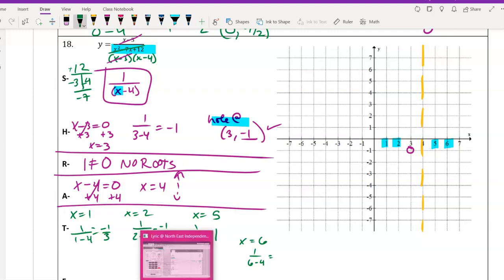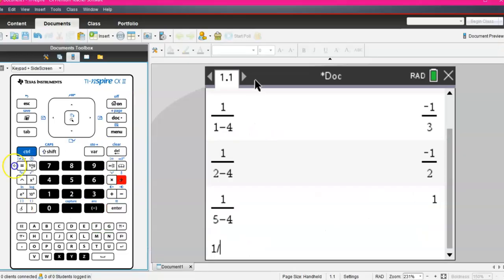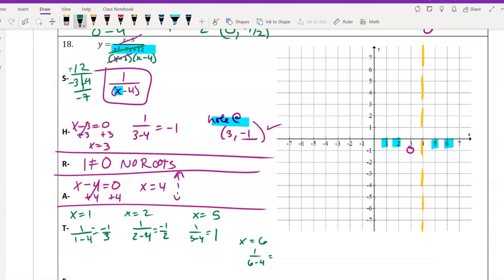And 1 over parentheses 6 minus 4 is 1/2. All right, plotting our points. We have a point at 1, -1/3. 2, -1/2. 5, 1, and 6, 1/2.